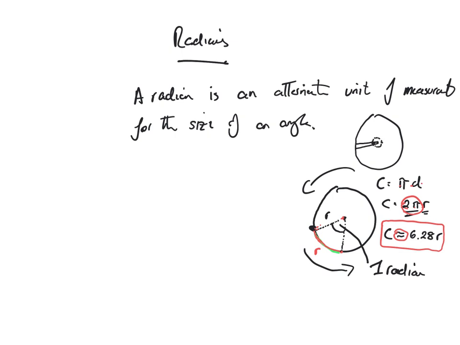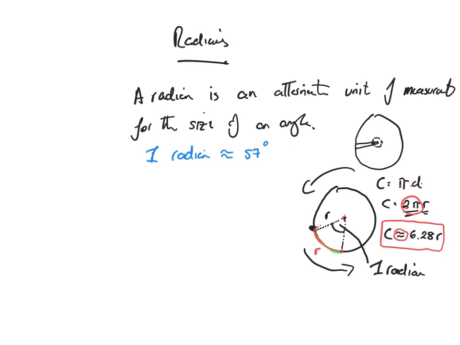The angle that's created within the centre by that slice of the circle, we would call 1 radian. Just to give you an idea of the size of a radian, 1 radian is approximately, not equal to, but approximately equal to 57 degrees.